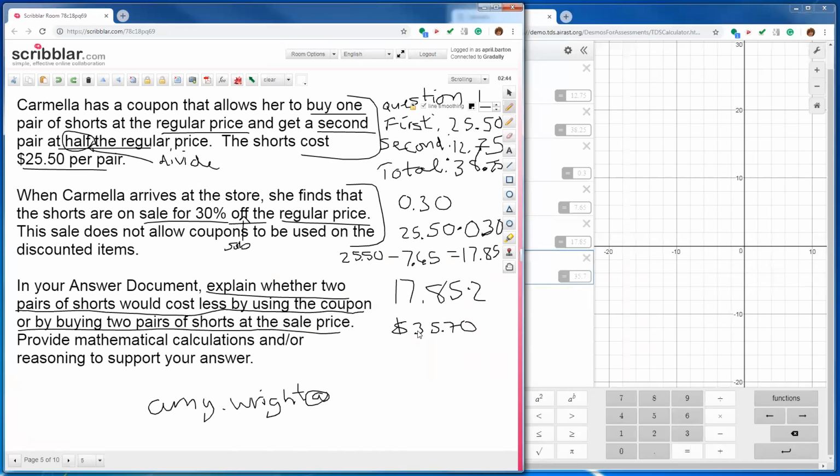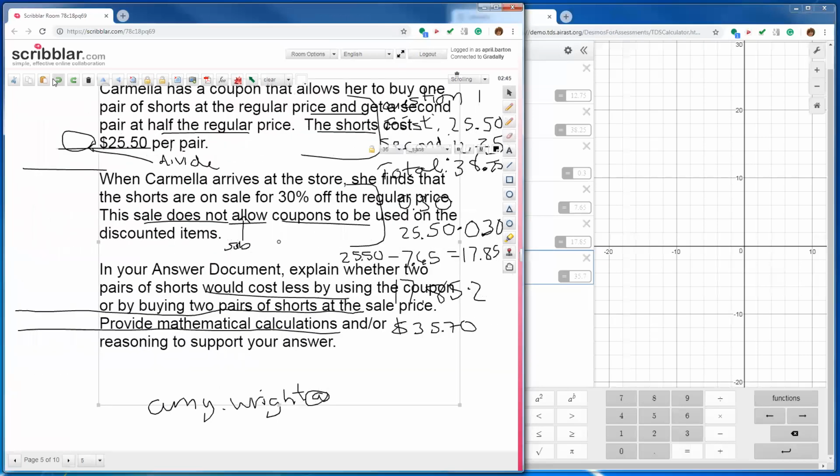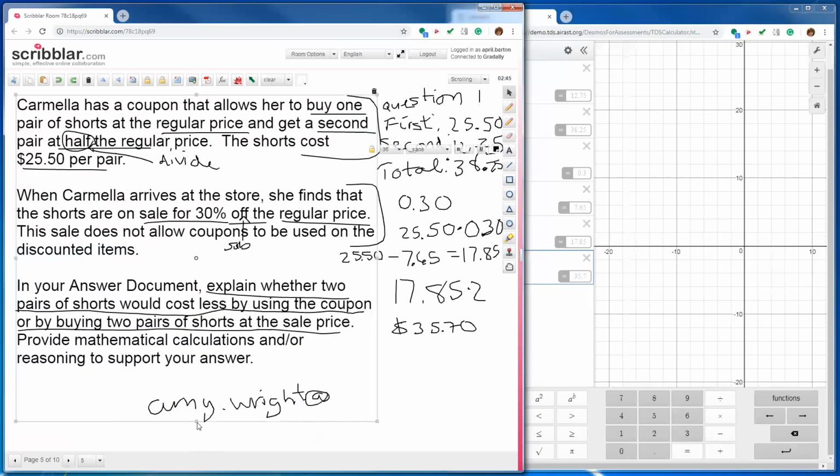Yes. So if you still do these free response type questions, you actually want to write out all the work. You want to show the first pair of shorts was $25.50, the second is $12.75, the total is $38.25. And then you want to make a final statement.